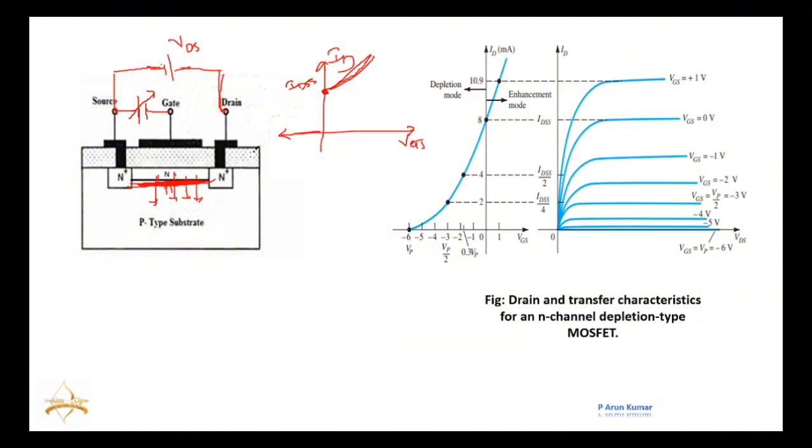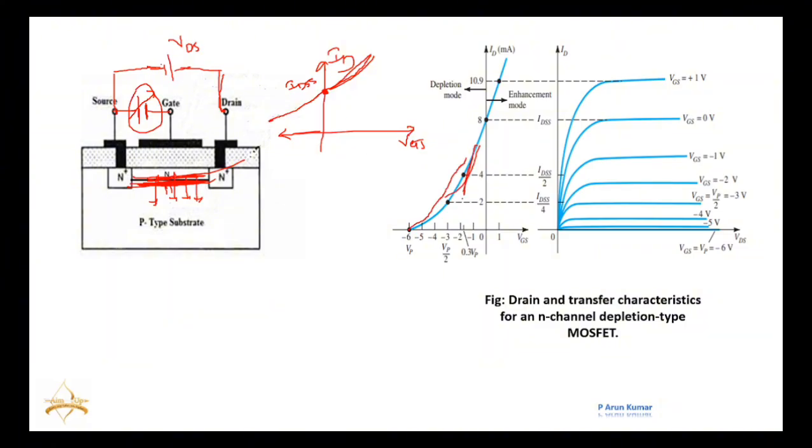It means the effective channel goes on decreasing. If I increase this VGS in negative direction, because of this negative polarity, it will repel the electrons from the channel. In that way, the effective channel will decrease, and of course, the current will decrease. This is the graph.